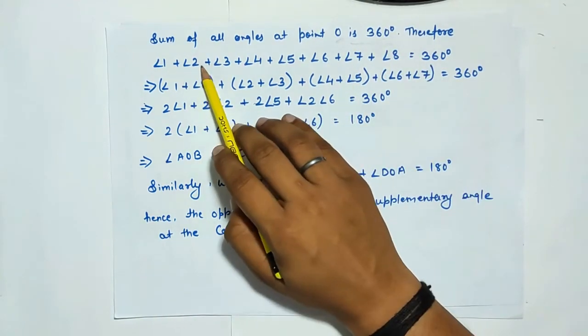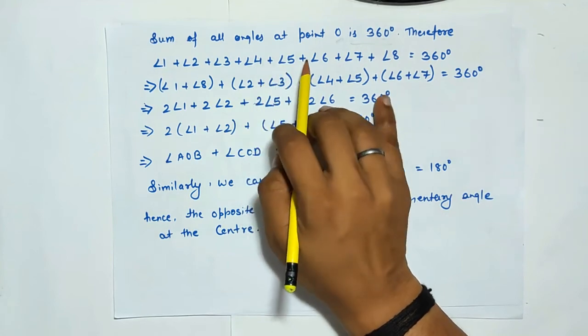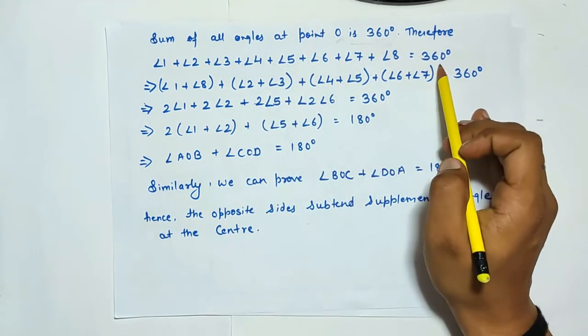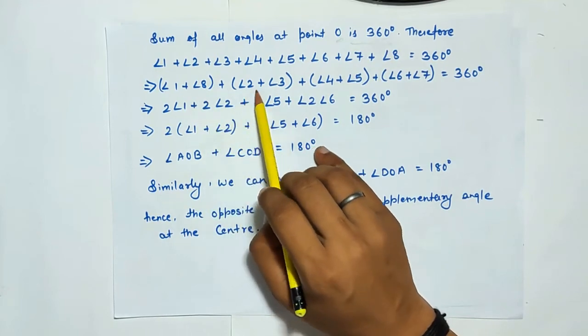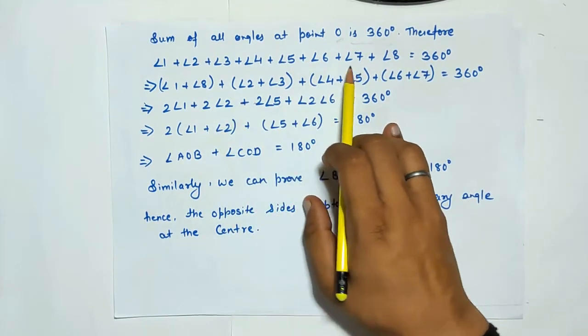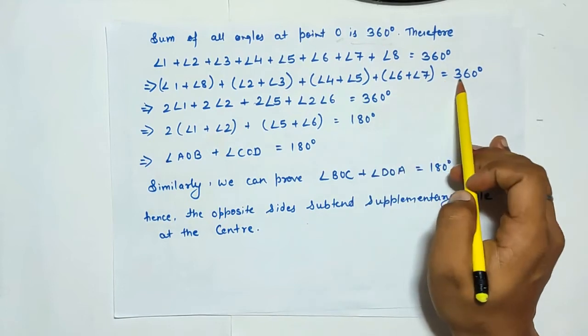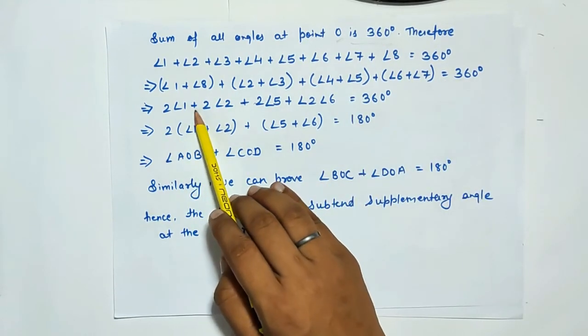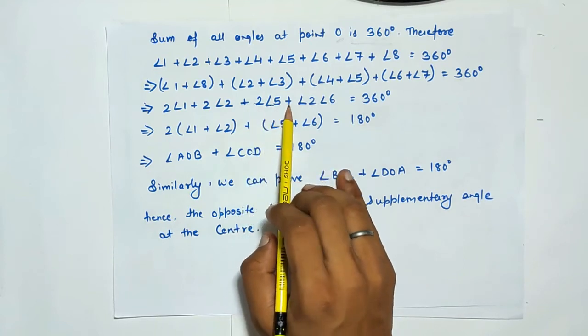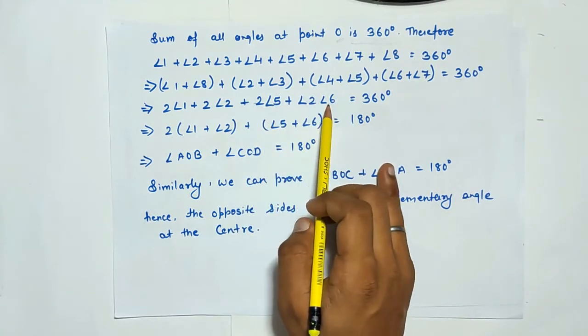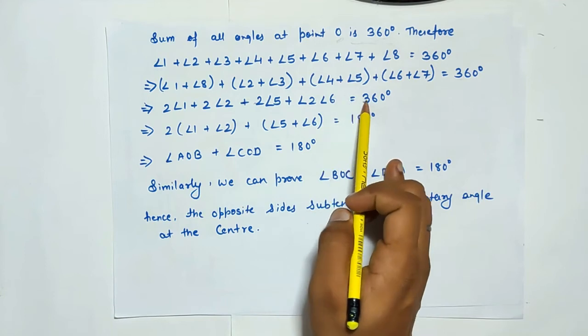Therefore angle 1 plus angle 2 plus angle 3, 4, 5, 6, 7 and 8 is equal to 360 degrees. So 2 angle 1 plus 2 angle 2 plus 2 angle 5 plus 2 angle 6 is equal to 360.